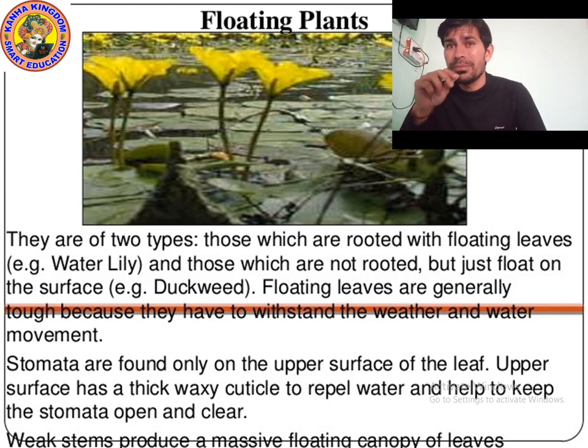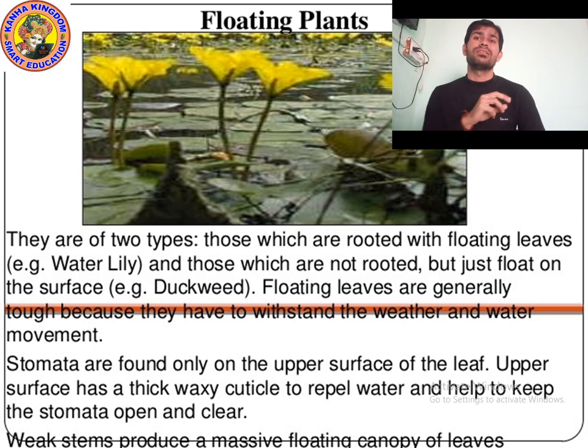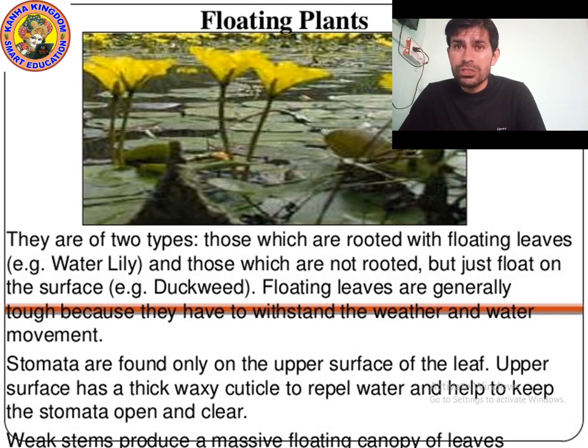Because of this waxy surface, it protects their leaves. It repels the water, and it also helps to keep the stomata clean. If the stomata are not clean because of water, they will die.